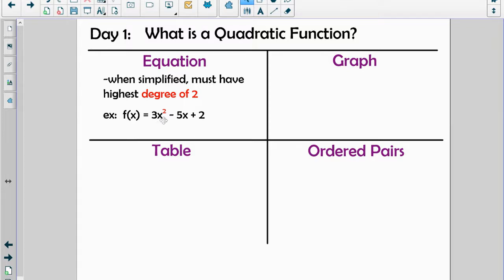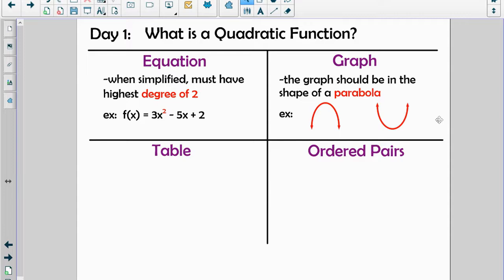And here's an example where we see x squared is the term or the part of the equation that has the largest exponent on the variable. So because it's an x squared on the right-hand side here, that means it's a quadratic function, and that's an equation form.